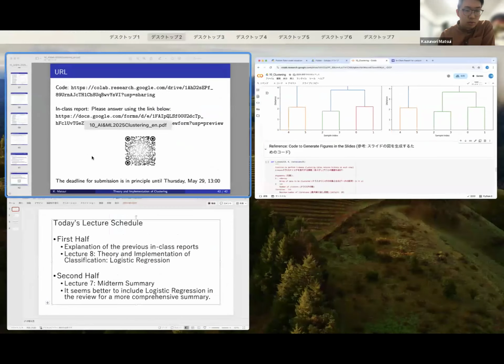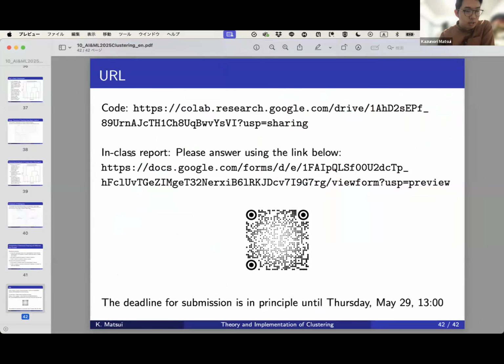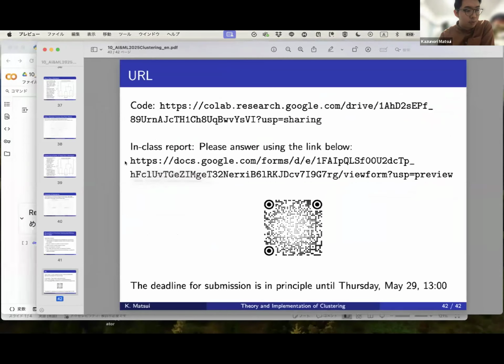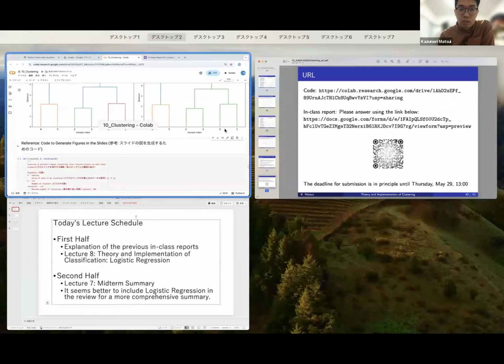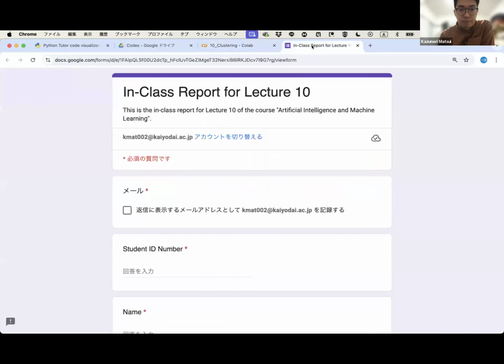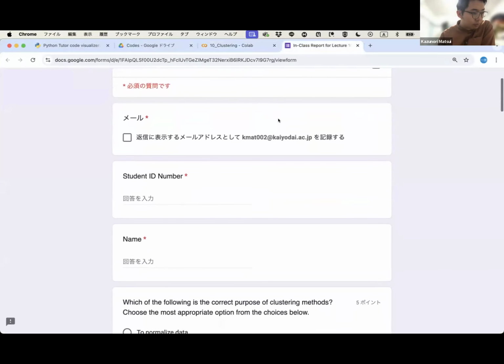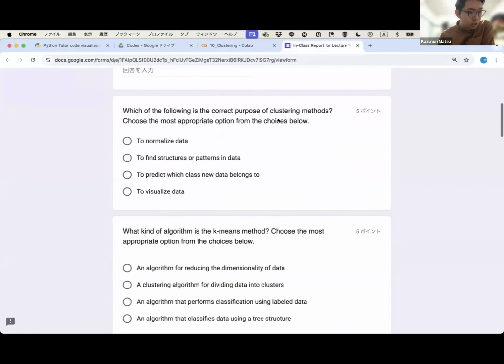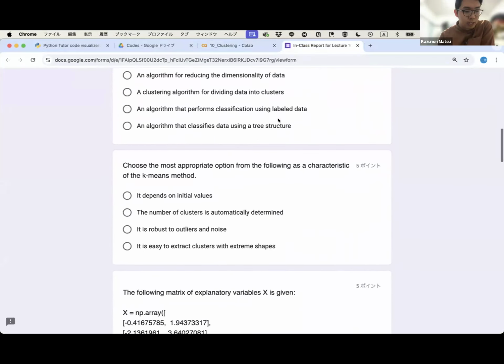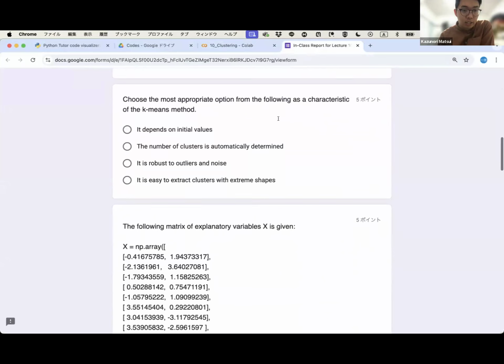Okay, so let's try the in-class report. About today's in-class report, first, there are questions about what properties it has in text.